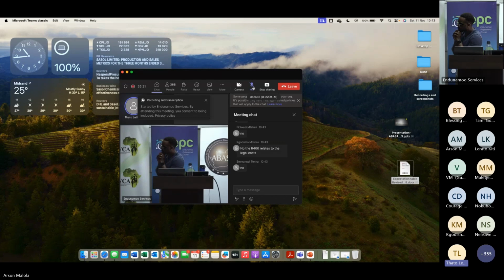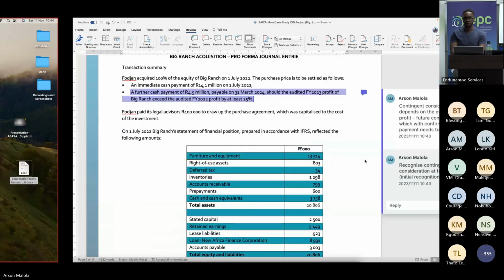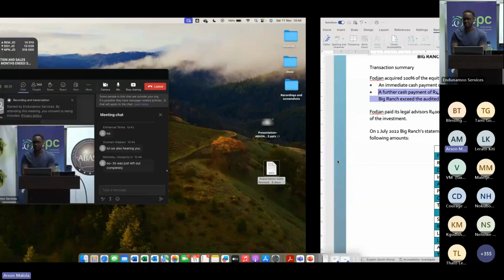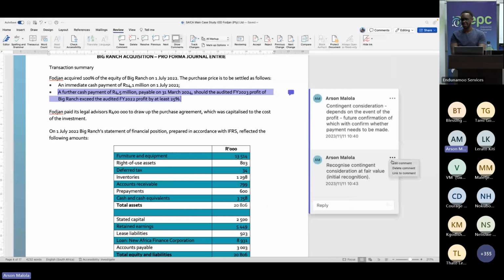For instance, to say, what's this acquisition date fair value? Yeah, absolutely. That's why I've got at initial recognition here. Because fair value when, right? So initial recognition at acquisition date, same story. Okay, agreed.